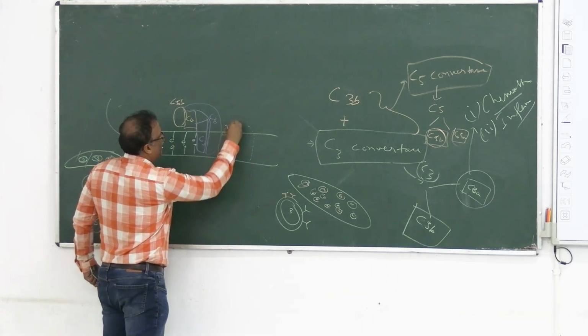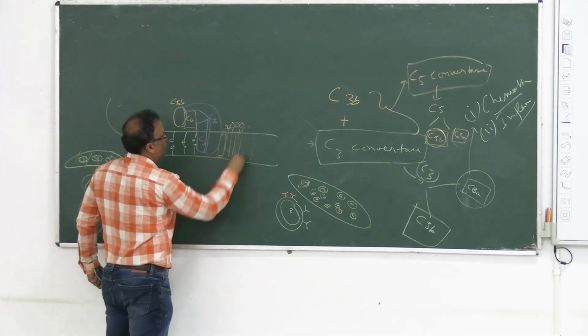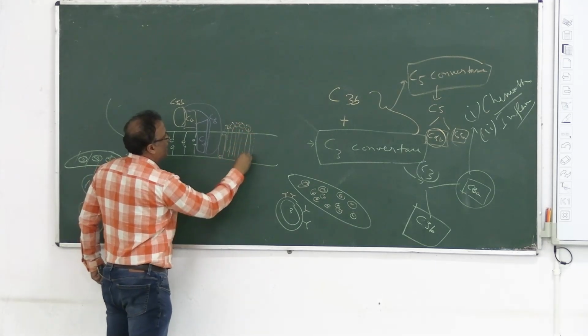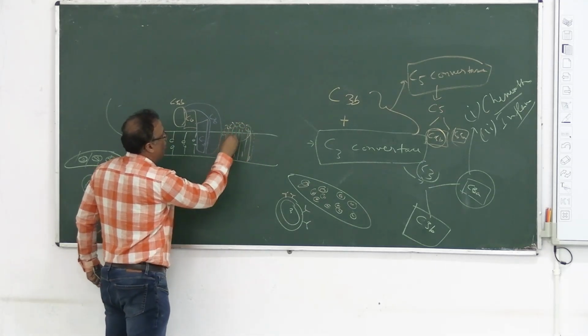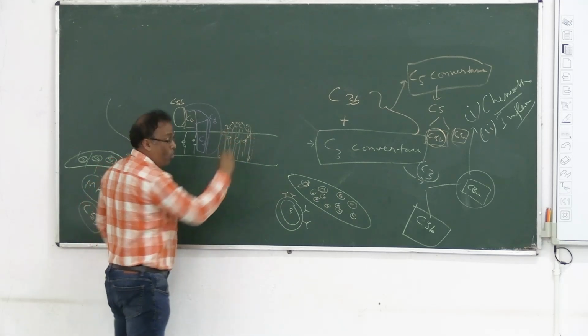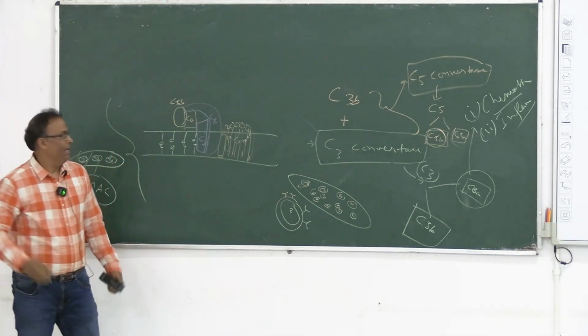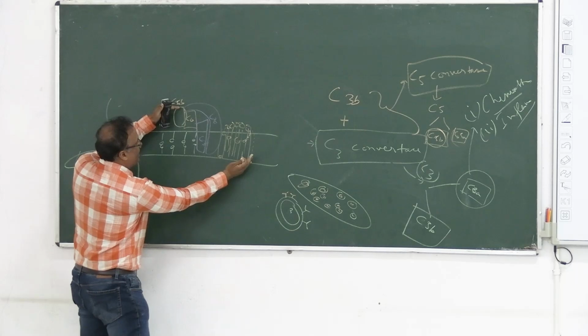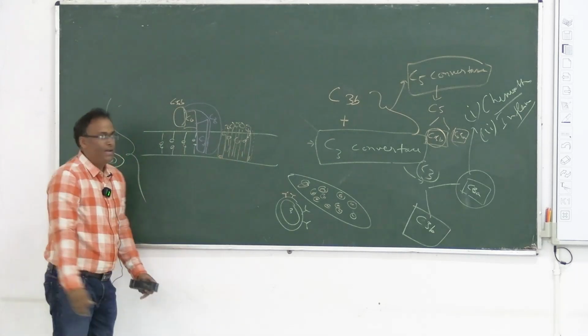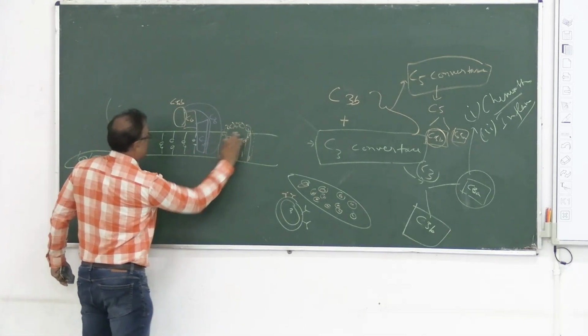Holes are coming. These are your C9s. C9s come, and this forms a hole. তাহলে বোঝা গেল this is your MAC. Total system is your MAC, and these are your holes.